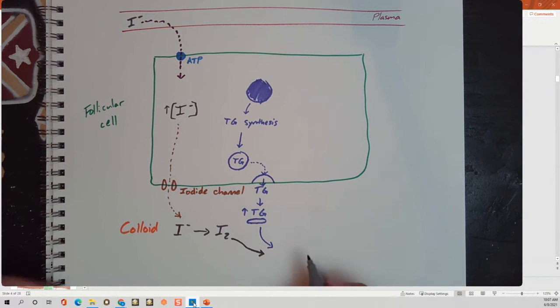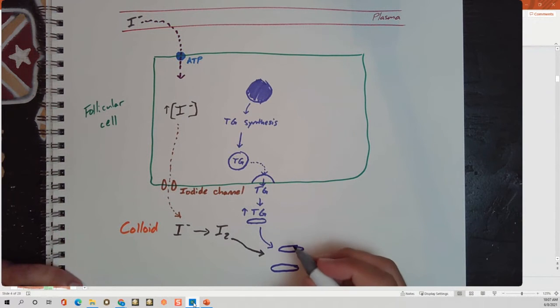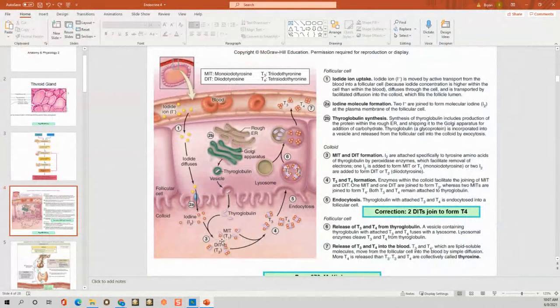Well, I could either have a thyroglobulin, long skinny oval, or a thyroglobulin, long skinny oval. By the way, I'm the worst artist on the face of the planet, but that's okay. Now, this thyroglobulin here could either have, in essence, you'll see what I'm trying to draw here. You see how there's these little circles that are bound to it?